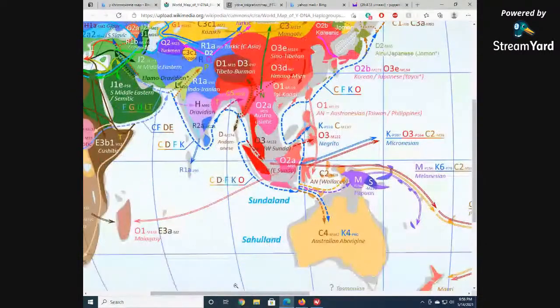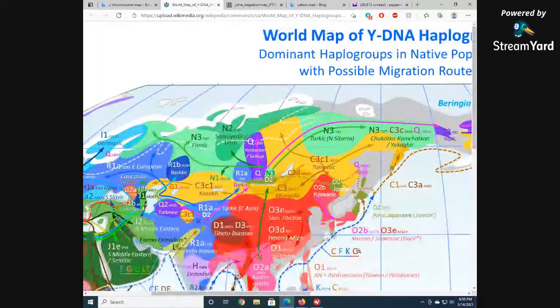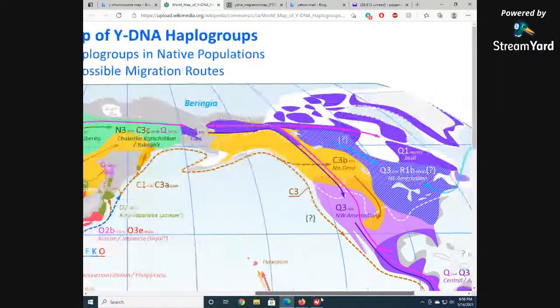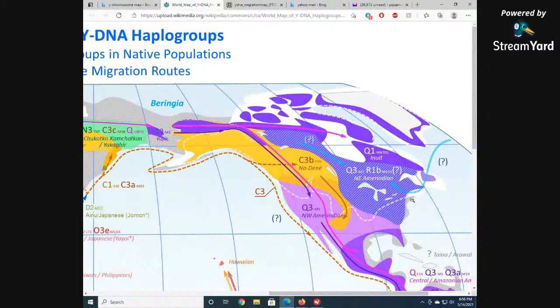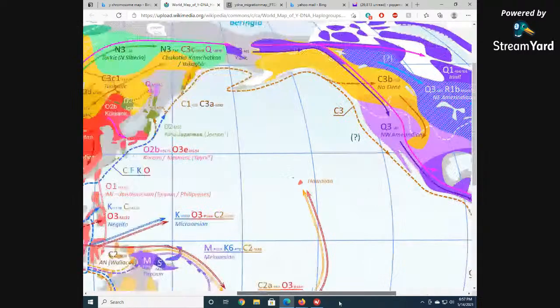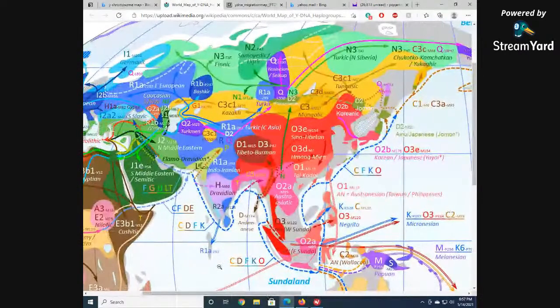And of course, Nimrod's descendants, which went up this way over to America, became the C3 Nadines, and went all the way into South America and Central America, where the Olmec statues are, which have clearly defined African and Asian features, which Randolph Richardson was trying to make fun of me about. And so I have to do a news flash for Randolph Richardson that a lot of Asians are black.